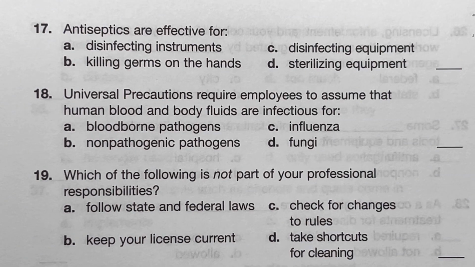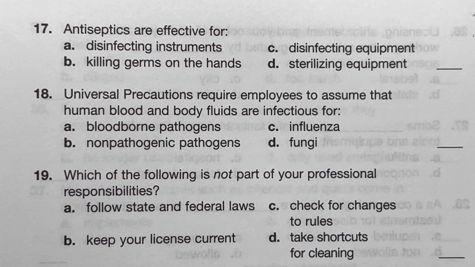Number 17. Antiseptics are effective for A. Disinfecting instruments. B. Killing germs on the hands. C. Disinfecting equipment. D. Sterilizing equipment. And the correct answer is B. Killing germs on the hands. Number 18.